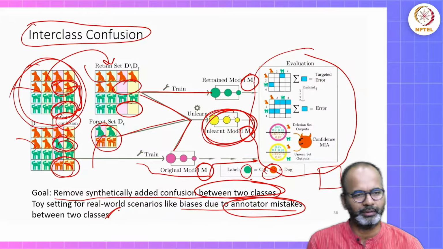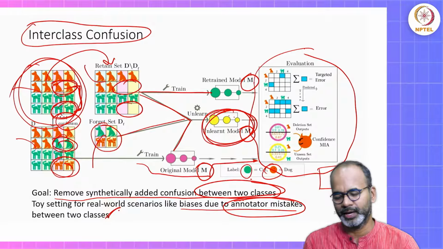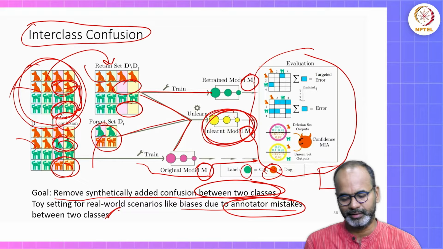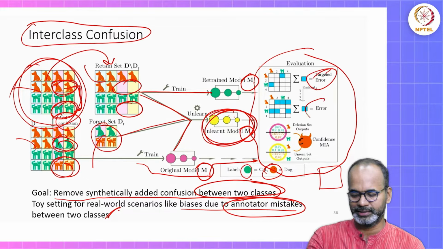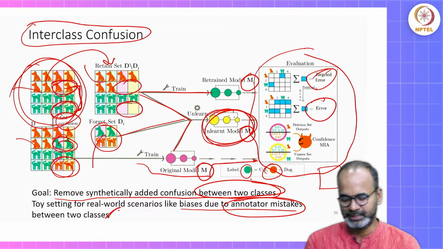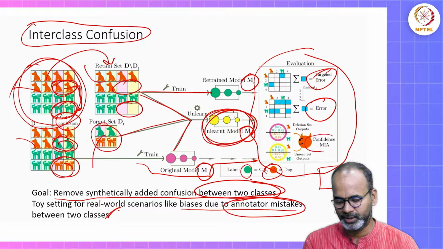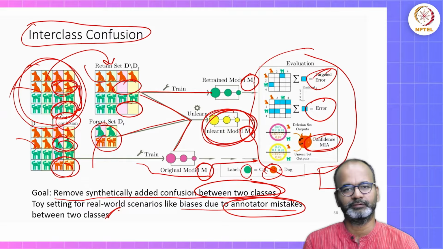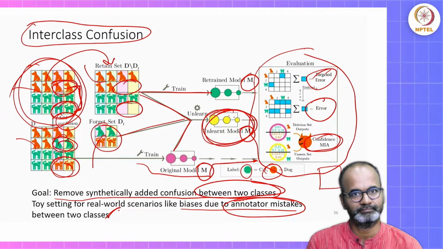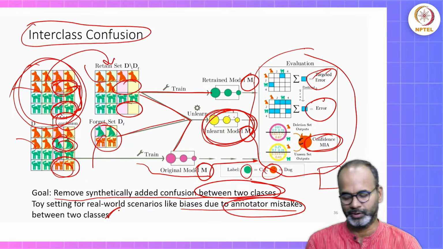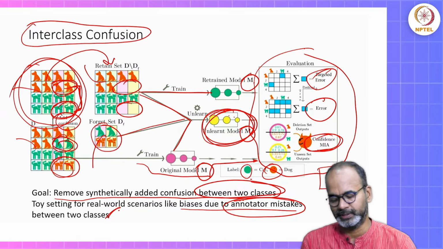Some of it is simple statistics that you want to get. You want to find out the targeted error. You want to find out what the error is, how many times it's making a mistake. But if you remember, we actually saw this a couple of slides ago, or in this module, called membership inference attack, right?